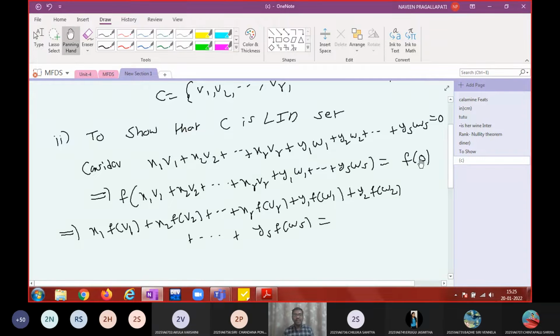Can you tell me what is this value? F of 0. What will be f of 0?